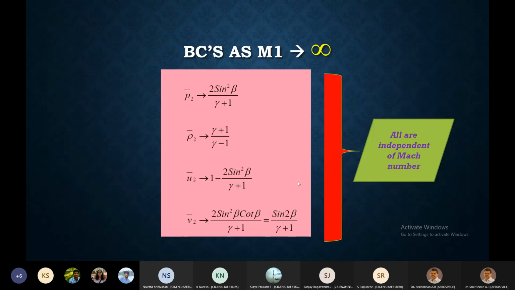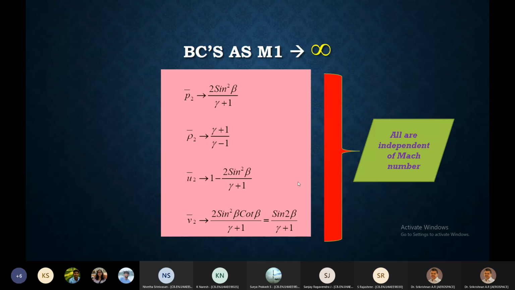We also see that the shock conditions, when we extend them to the hypersonic limit, all become independent of Mach number. So non-dimensionalized pressure, for example, becomes 2 sine squared beta by gamma plus 1.